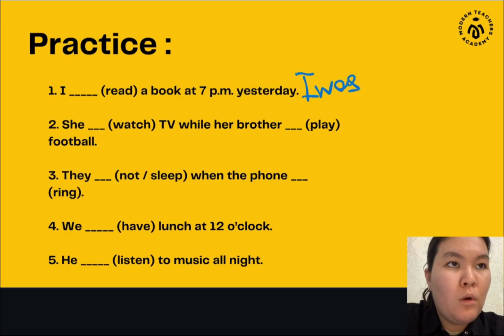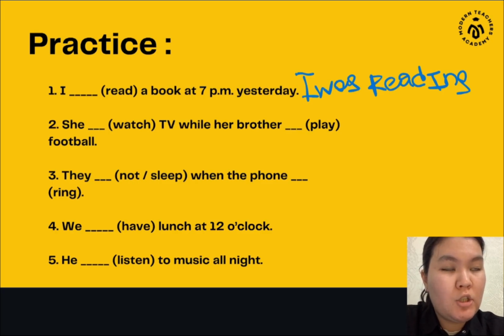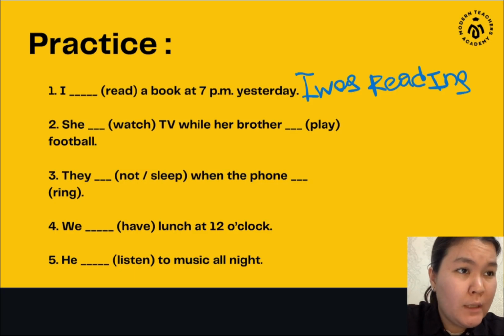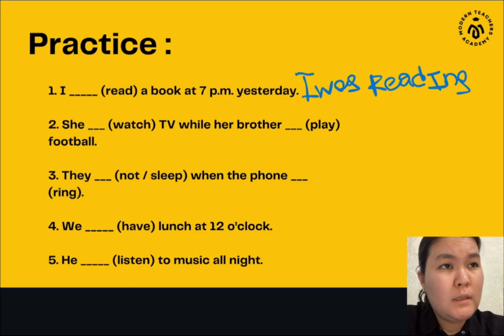I was reading. Then you can see read, then ing. A book. I was reading a book at 7 p.m. yesterday. You can see I is our subject, then was is our grammatical structure, then read is our verb, and at the end of the verb you can see ing.